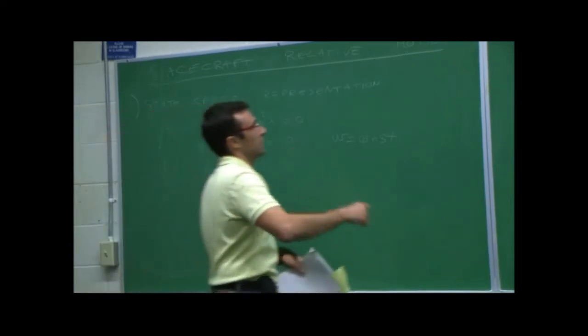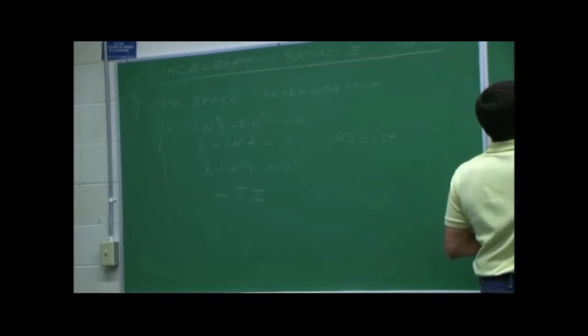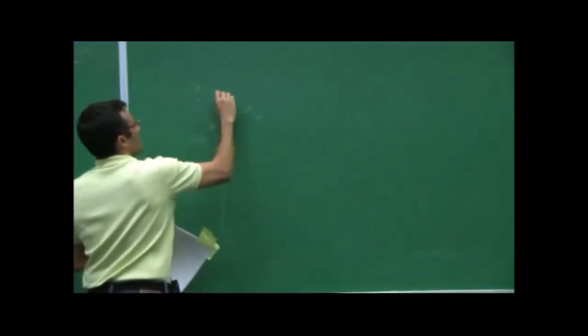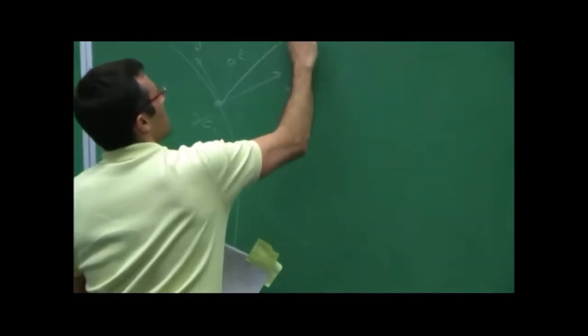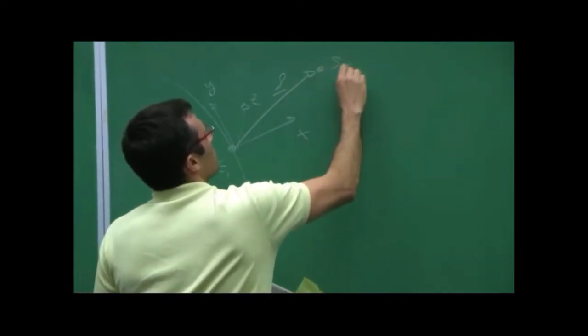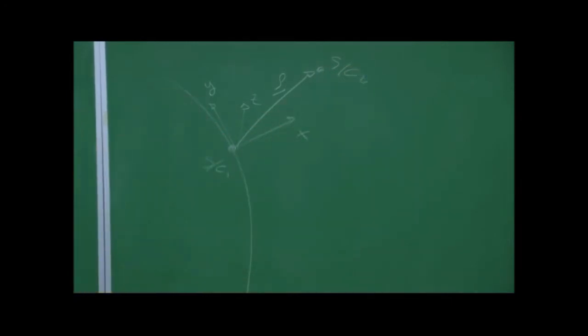So if this is your spacecraft number 1 and this is the associated LVLH coordinate system, x, y, and z will represent the projections of the vector rho that connects spacecraft 2 to spacecraft 1, okay? So x, y, and z represent projections of that vector in that moving reference frame.